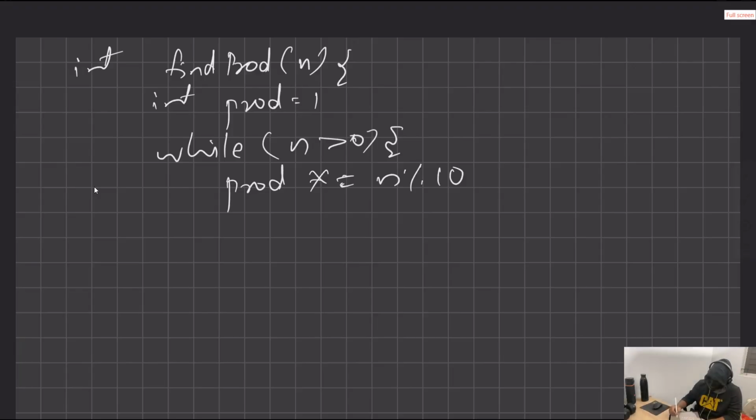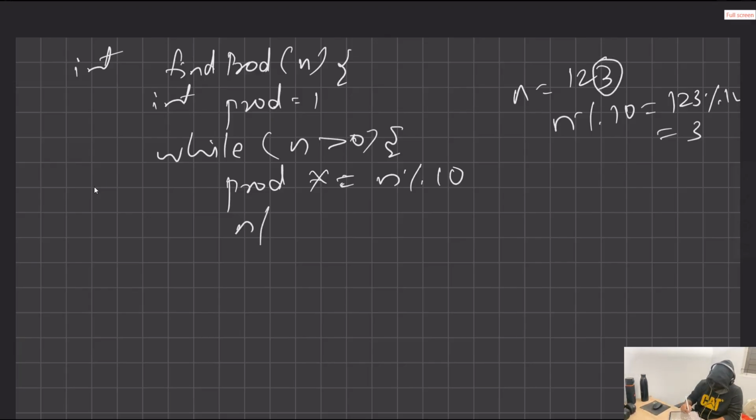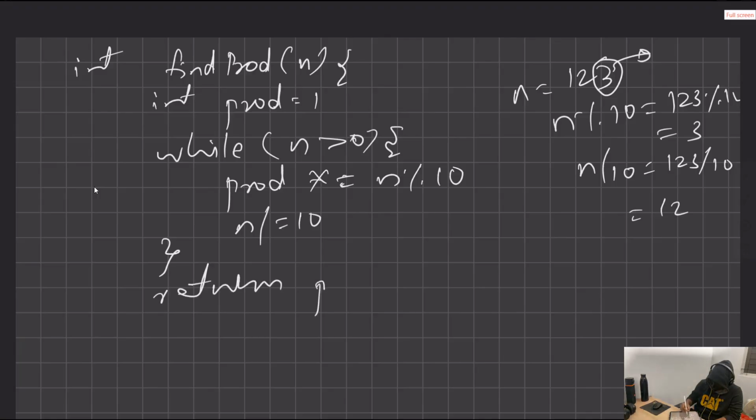When n is 123, n modulo 10 is going to be 3, so you have got one digit. Now n has to be reduced by dividing by 10. 123 divided by 10 gives you 12. So one digit we have taken from n, and now we'll move to the next digit, and at the end you need to return this product.